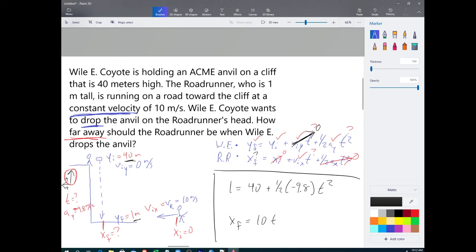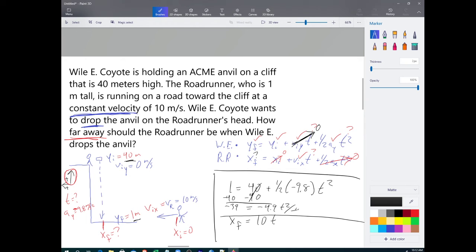And there we go. So, let me make sure I've got a calculator pulled up here on my other screen so that I can do the calculations on this one. I'm going to subtract 40, I get negative 39 is equal to 1/2 times negative 9.8, which is negative 4.9 t squared.